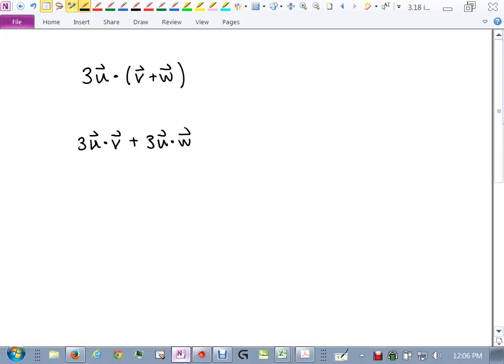How about this? Would this work? Not 3u dot 3v plus w. No, that wouldn't work, right? The 3 would have to be where? On both of them, right?